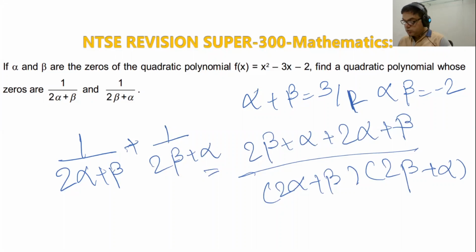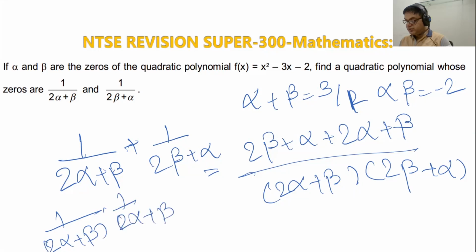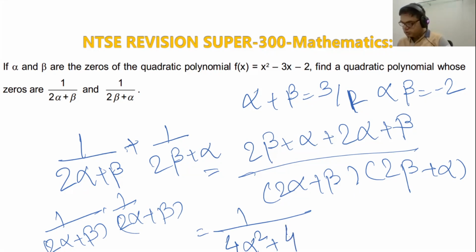The product of the roots will be equal to 1 upon 2 alpha plus beta multiplied by 1 upon 2 beta plus alpha. So this will be equal to 1 upon 4 alpha square plus 2 alpha beta plus 2 alpha beta... रुक जाओ. Okay.